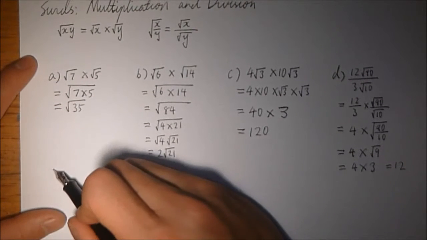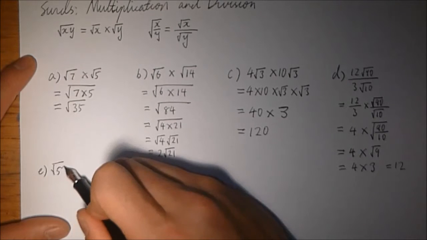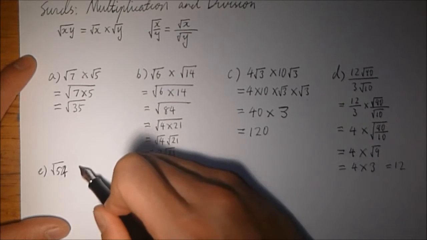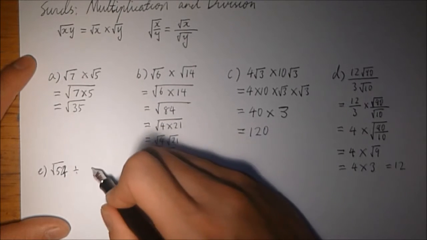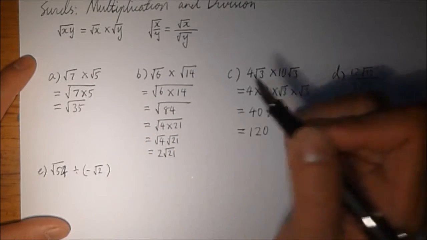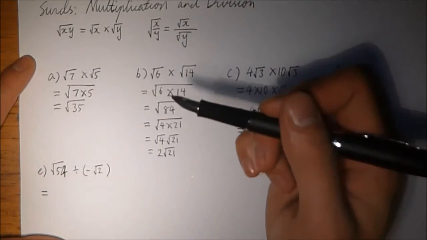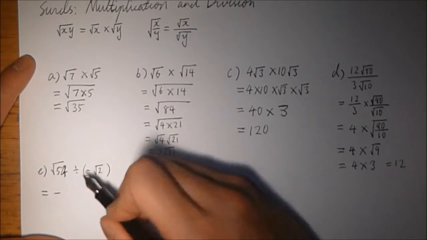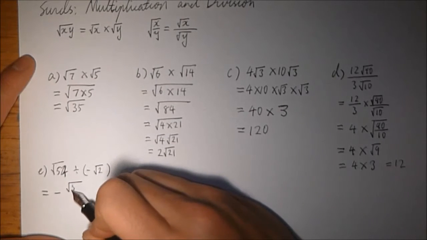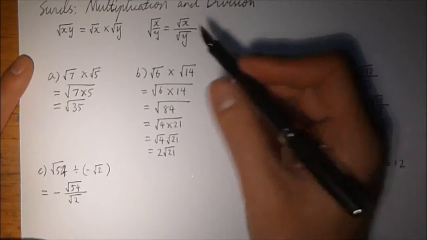Another division example, let's have 54 divided by negative square root of 2. Okay, so in division, a positive number divided by a negative number will always give us negative. So we end up with 54 divided by 2.